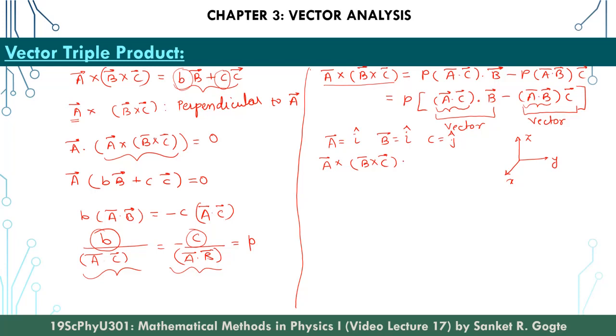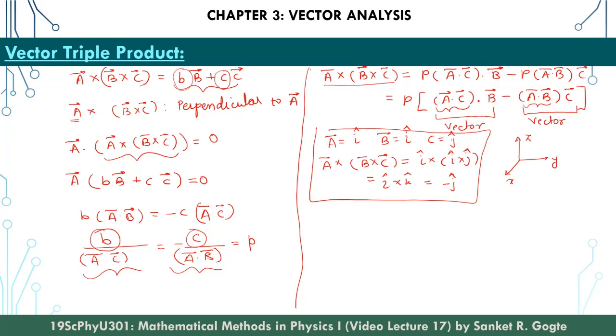Therefore A cross B cross C in this case is I cross (I cross J), which is equal to I cross K, which is equal to minus J. So for this special case, it is easy to find the vector triple product.